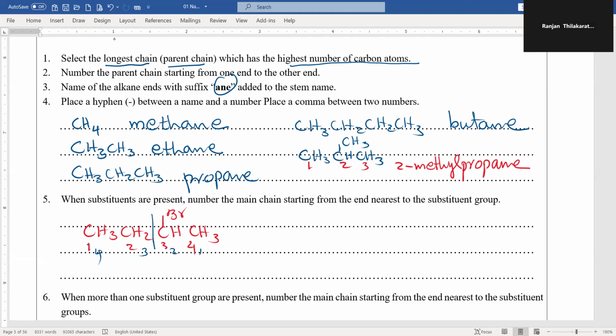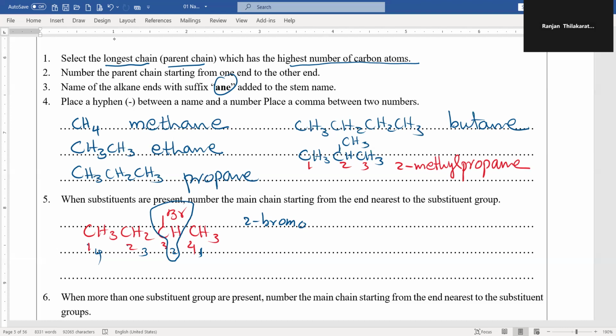But if you go the other way around, carbon number 1, 2, 3, 4, then this Br group is attached to the second carbon. So the best name will be 2-bromo. We choose the longest chain and identify the substituents, and you give the least number to the carbon having the substituent group.